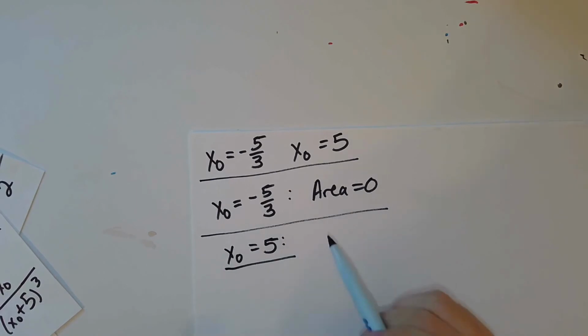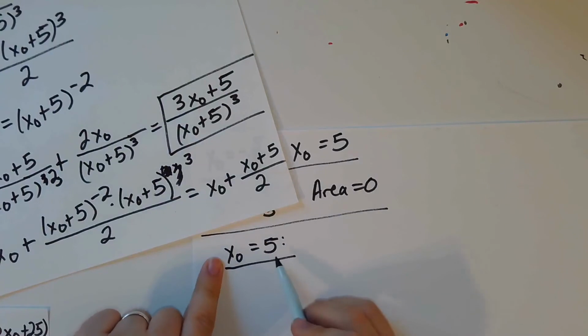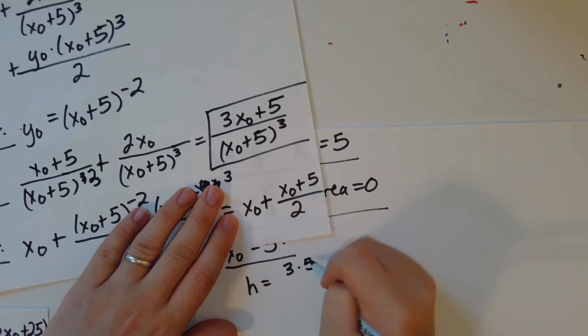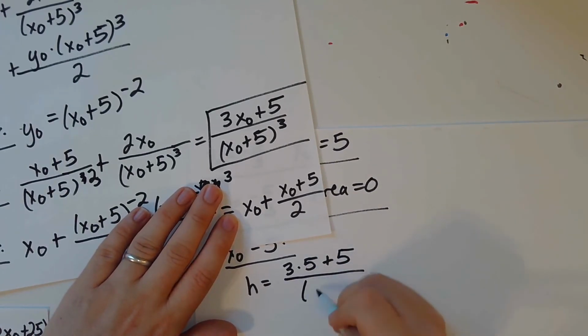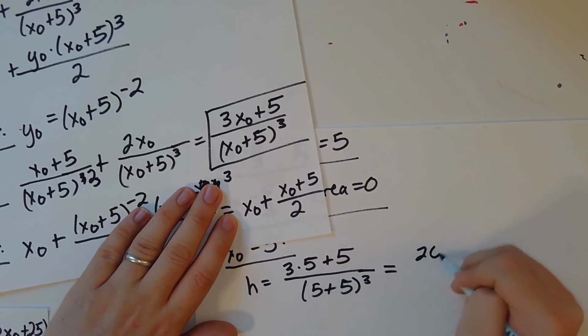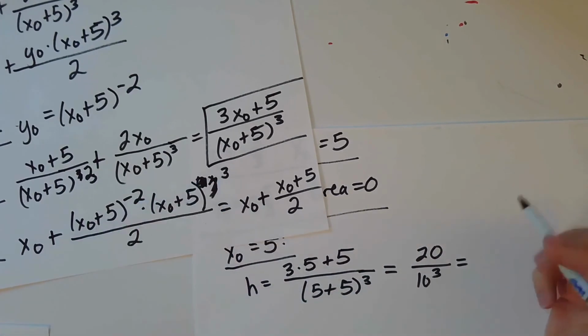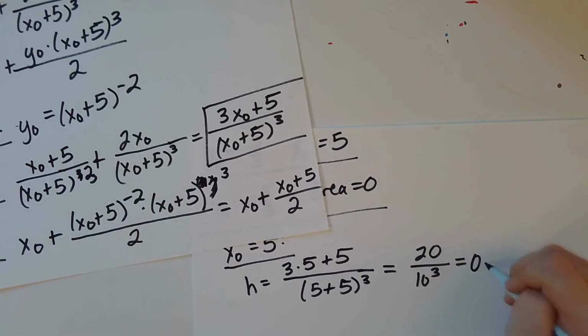So when x0 is 5, I can go back to my formulas for the height and the base. So the height when x0 is 5 is 3 times 5 plus 5 divided by (5 plus 5) cubed, okay, which as it happens is 20 over 10 cubed, which would be 2 over 10 squared, which would be 0.02.